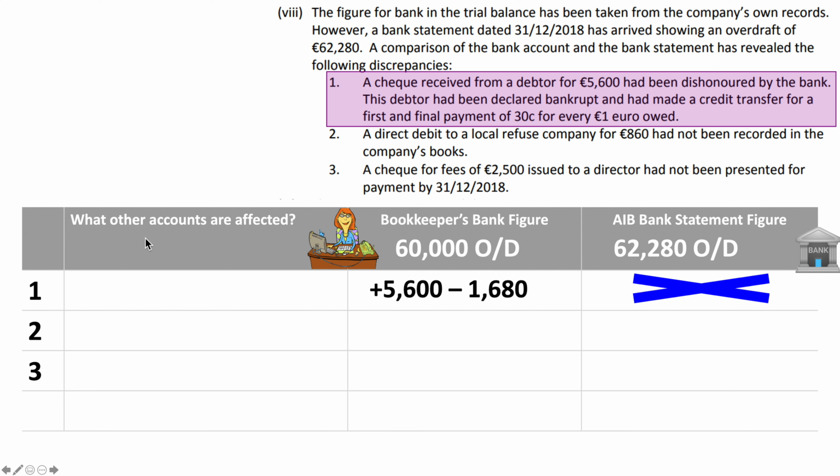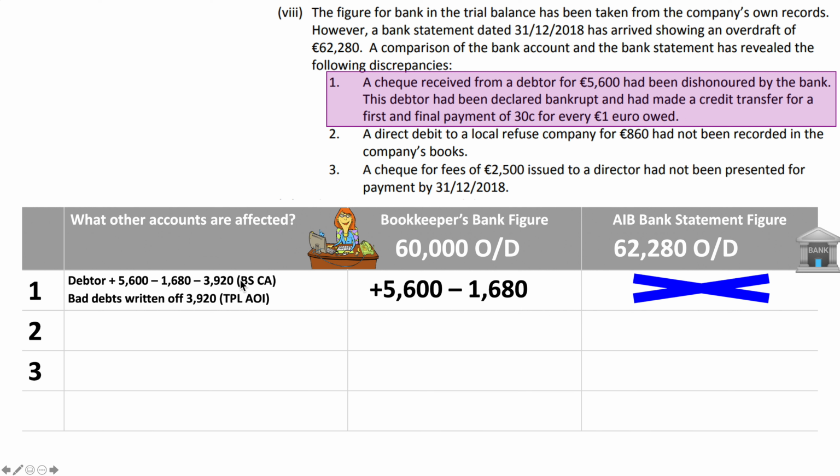Now, what other accounts are affected here then? So the debtor, we have to add the 5,600 back to them because they now owe us the 5,600 after the cheque was dishonoured. But then we're going to minus the 1,680 that they paid us through credit transfer, and then we have to minus the 3,920 that is written off as a bad debt.